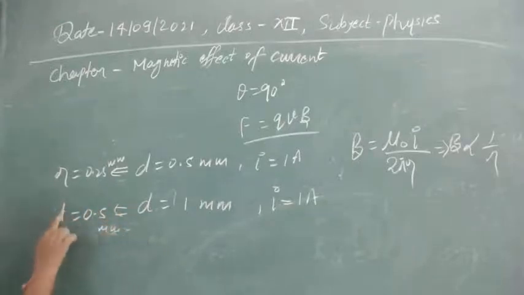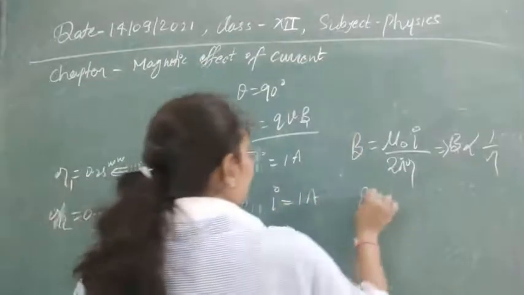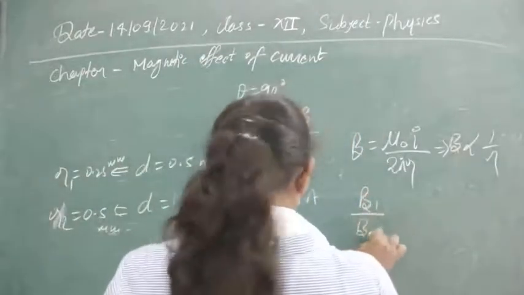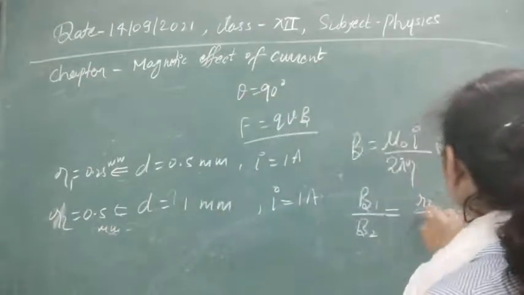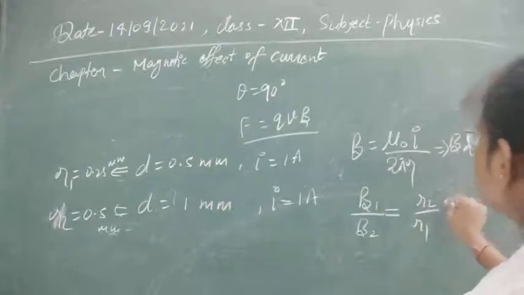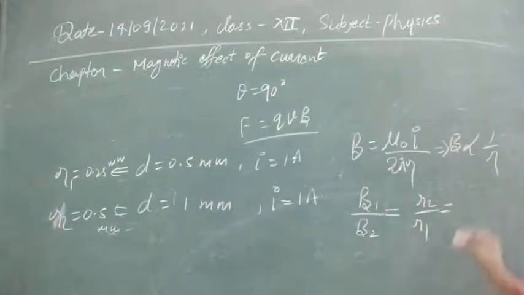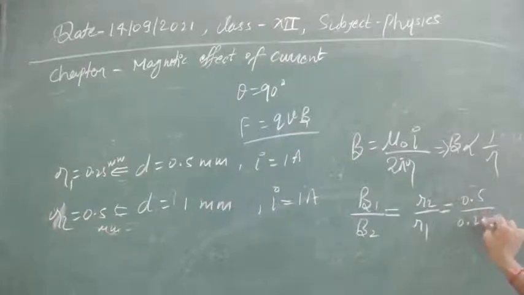If this is R1, this is now R2. So we can calculate B1 on B2, which is equal to R2 upon R1, as it is inversely proportional. R2 is 0.5 and R1 is 0.25, so this will be equal to 2 times.